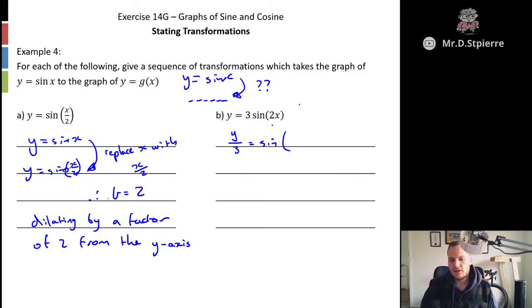We see 2x, so we instantly think, and this is incorrect, oh, our a value is equal to 2 in here. Okay, but that's not the case. We know n in this case is equal to 2, and we could find our period using 2 pi on 2 equal to pi. But we're not so much worried about our period at the moment as we're worried about the transformation that would give us said period.